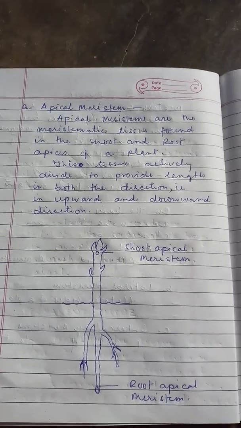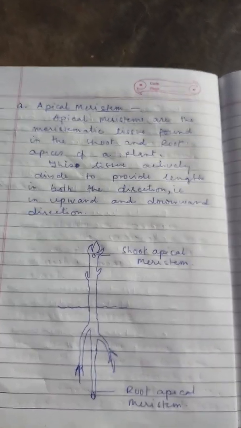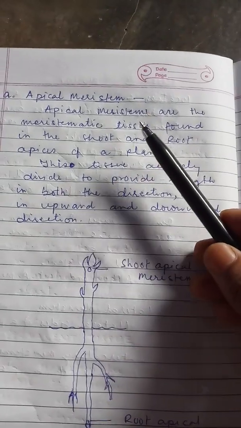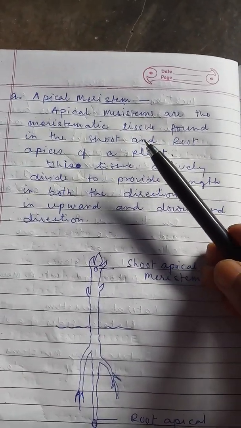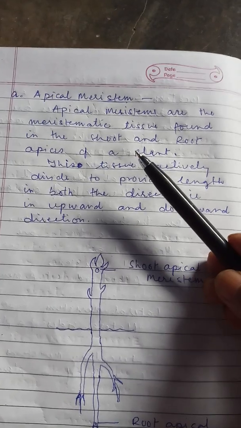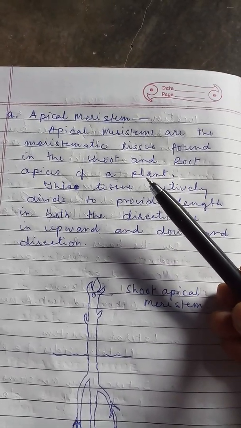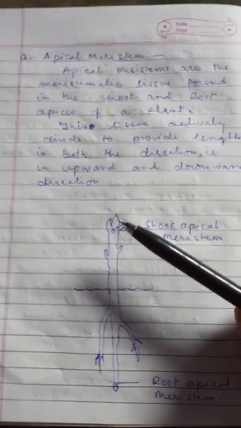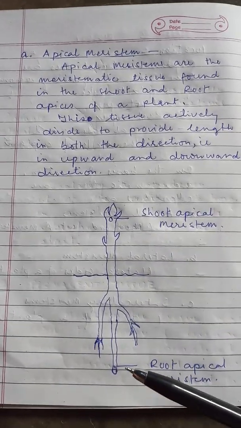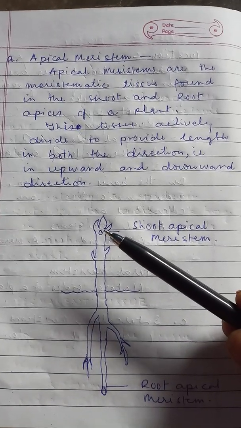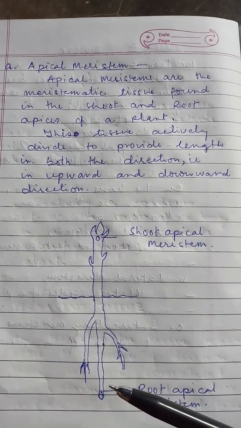Now apical meristem. Come to the first type of the meristematic tissue, that is apical meristem. Apical meristems are the meristematic tissue found in the shoot and root apices of a plant. So this is the shoot apex and this is the root apex, meaning it is the apex of the shoot part, it is the apex of the root part.